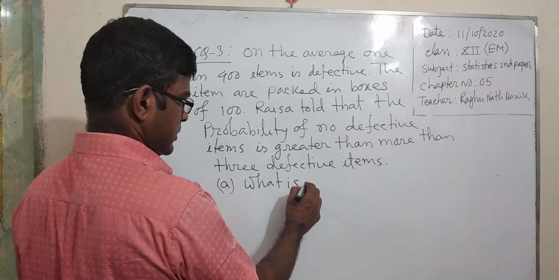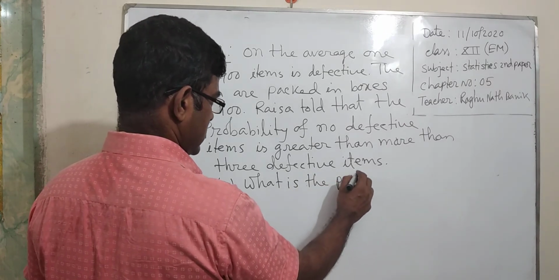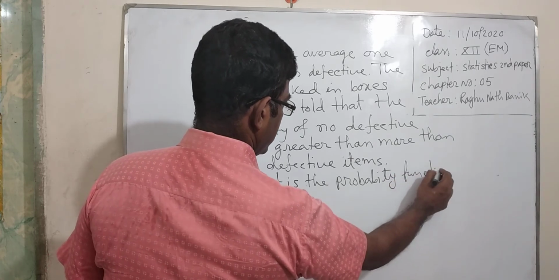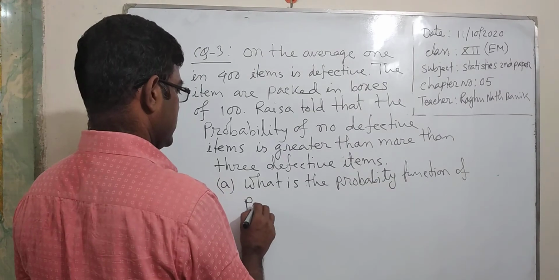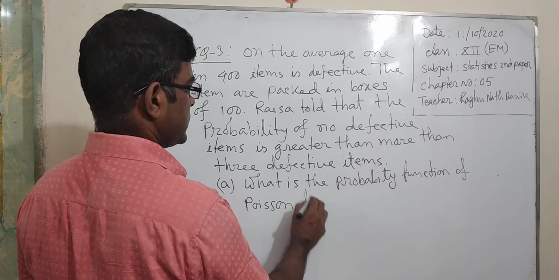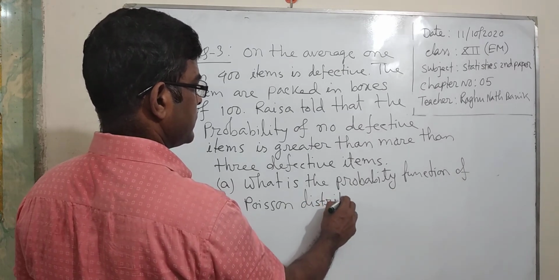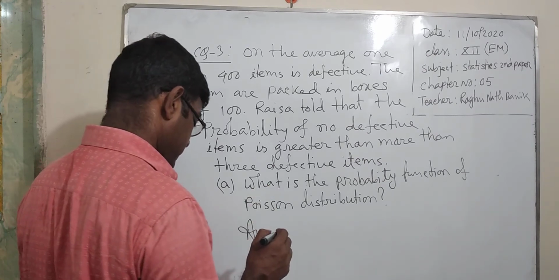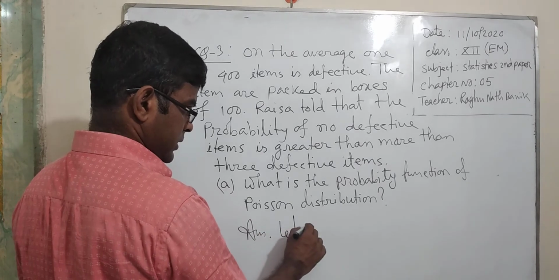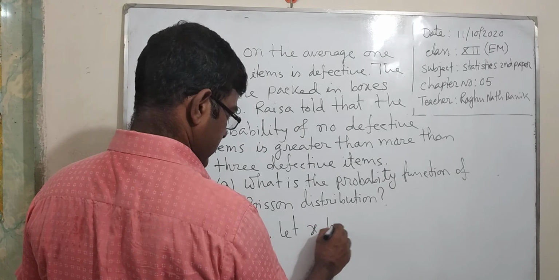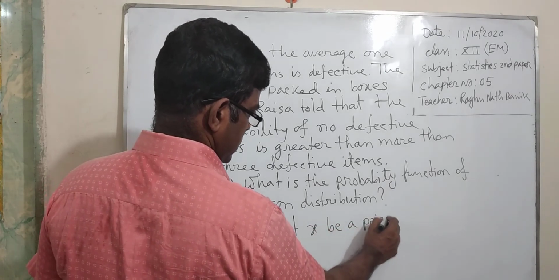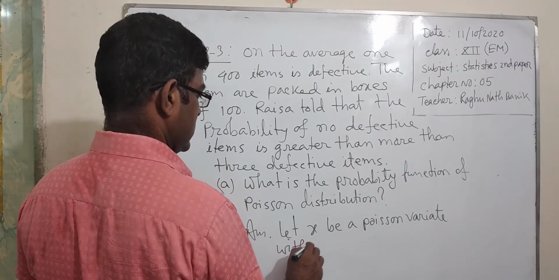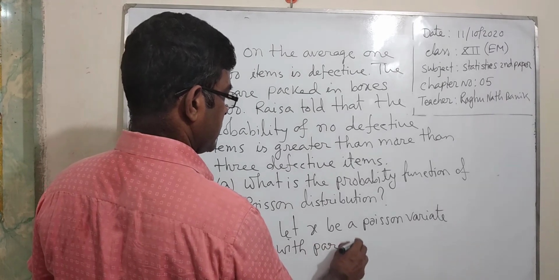Answer: let X be a Poisson variate with parameter m.